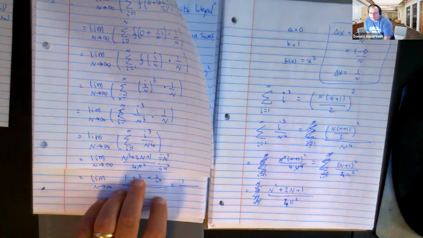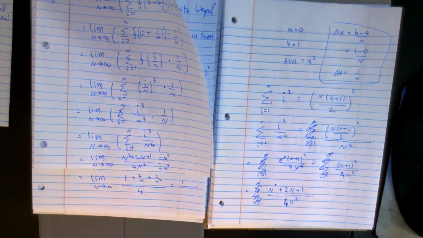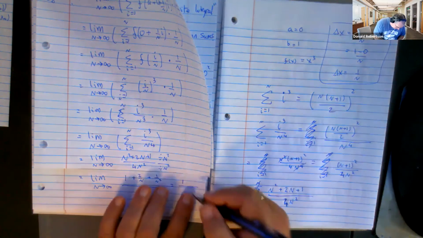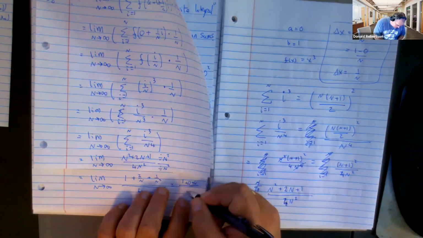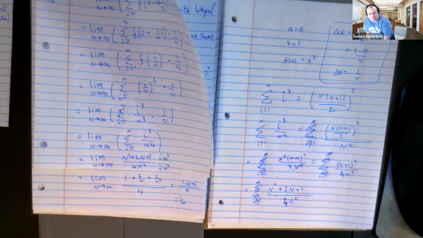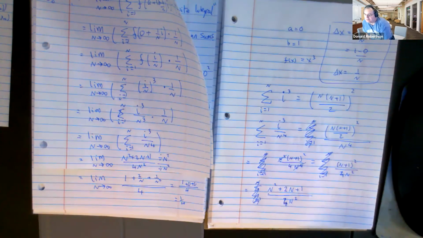What does 2 over infinity get you? 0. And doesn't 1 over infinity squared get you zeros? Yes. So what you've got here is that, but isn't that just a quarter? We have found the exact area under that curve, and it was a quarter. I wish I hadn't made that mistake of keeping the sigmas going, but fixed it, right?